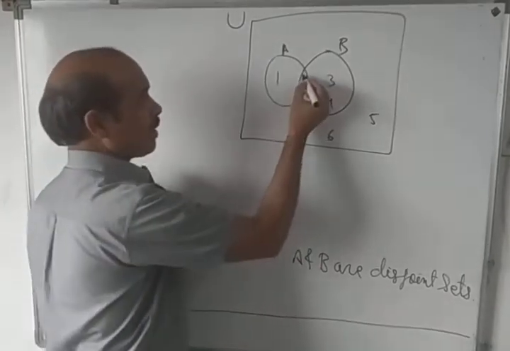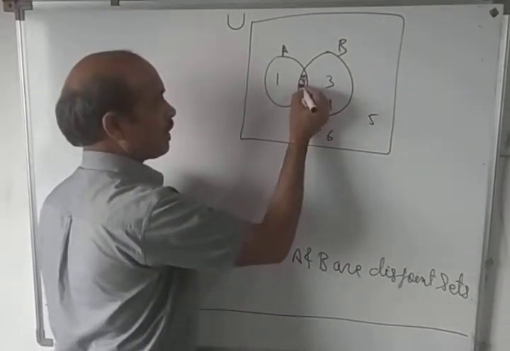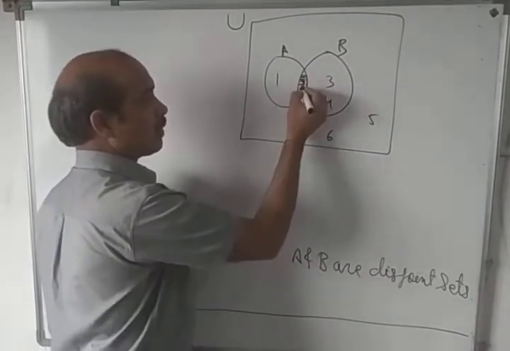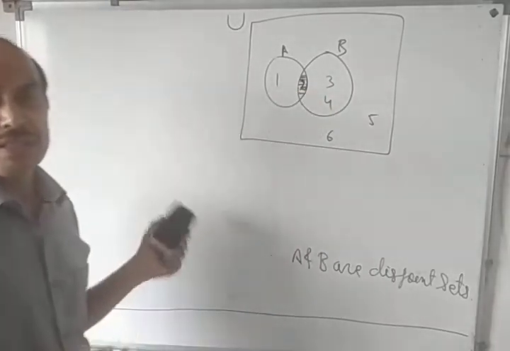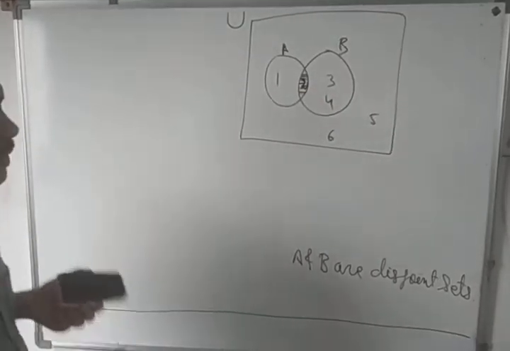So this area is denoted by intersection of two sets.